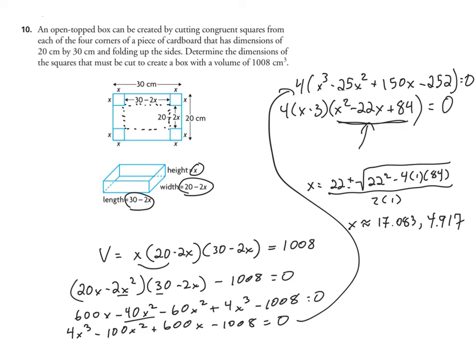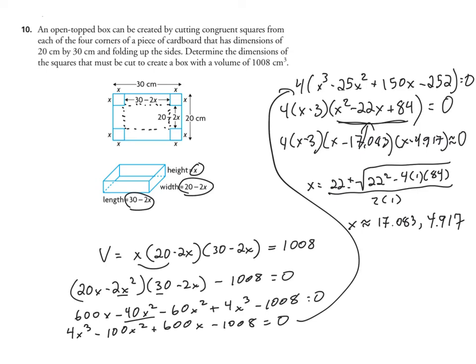All right, let's just make sure that those are actually permissible here. So we can actually say this is like x minus 3, x minus 17.083, x minus 4.917 equals approximately 0. Those are a bit rounded.